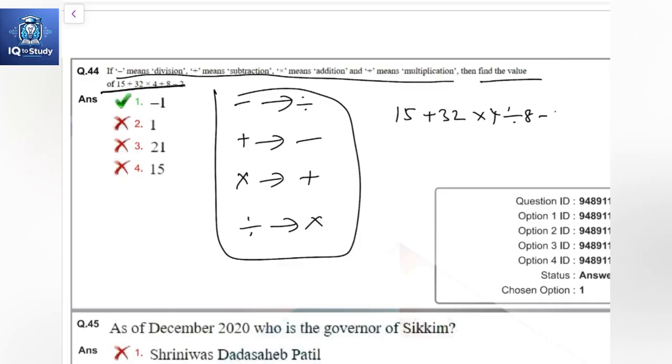It becomes 15 minus 32 plus 4 into 8 divided by 2.